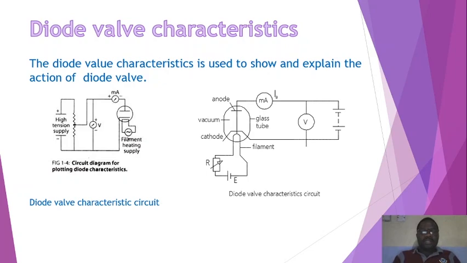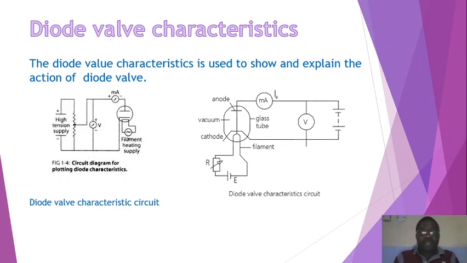Now we look at the diode valve characteristic. So look at the circuit. The two circuits are the same. I gave two diagrams so that you should understand that they are the same.